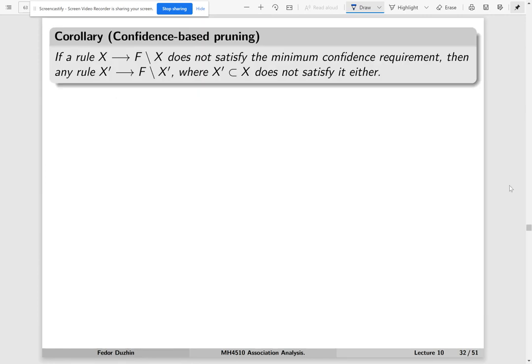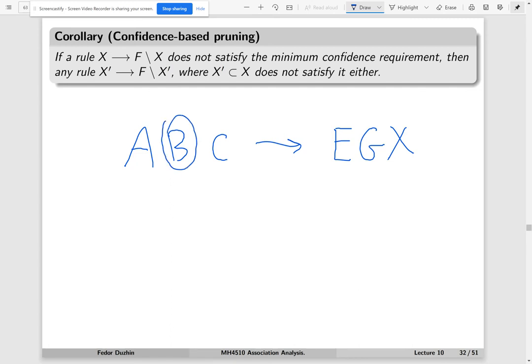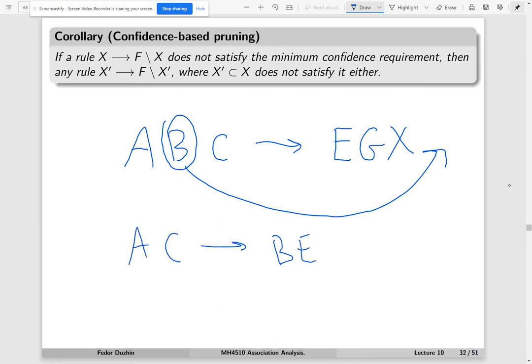If we have a rule that looks like this, A, B, C implies E, G, X, something like this, and it does not satisfy the minimum confidence requirement, then if we take any item from the left-hand side and move it to the right-hand side, and construct a new rule, A, C implies B, E, G, X, whatever, then it's not going to satisfy this confidence requirement either.